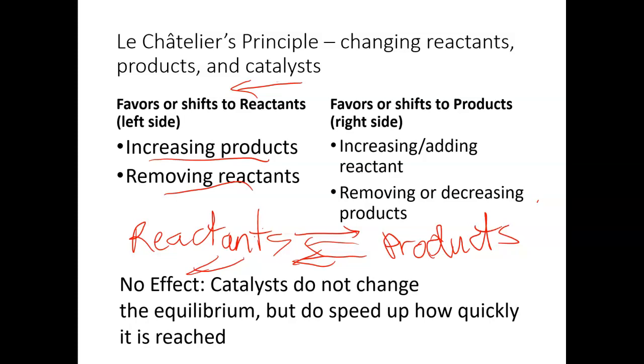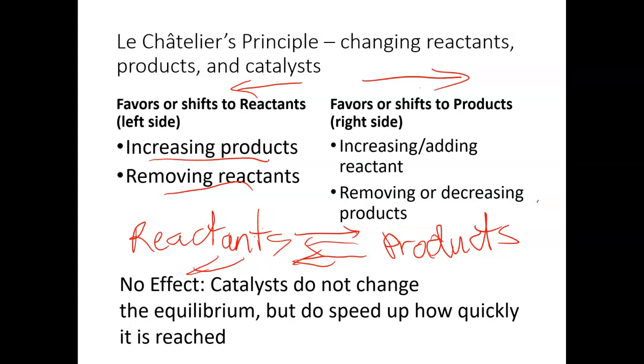We have the opposite thing happening for favoring your products, so going toward the right. If you increase or add reactants, or if you remove or decrease products, it's going to push the reaction to the right so that it can rebalance the reaction. Catalysts, like I said before, are not going to change that directionality. It's not going to shift the direction of the reaction to the left or to the right.